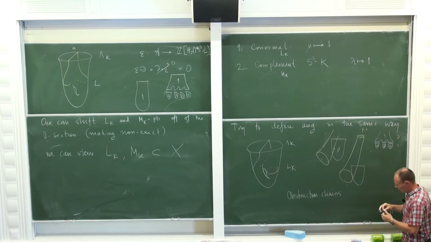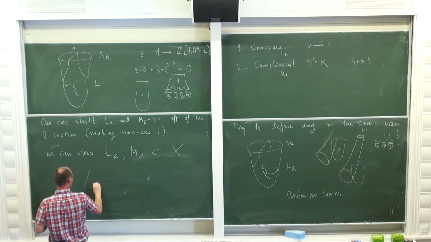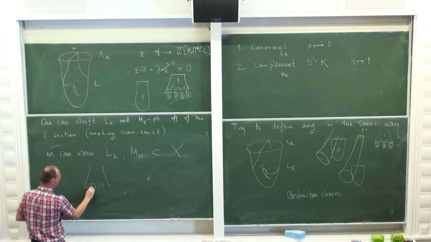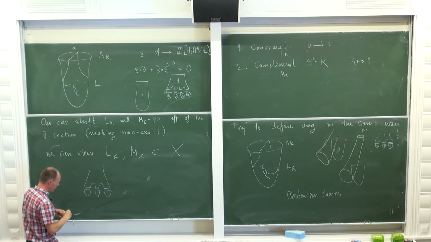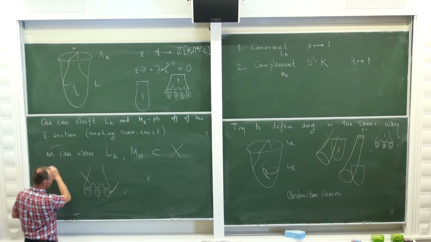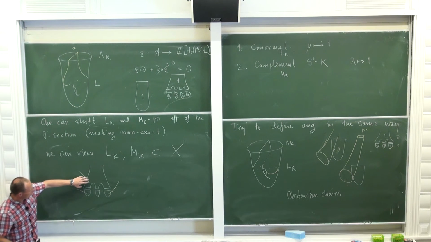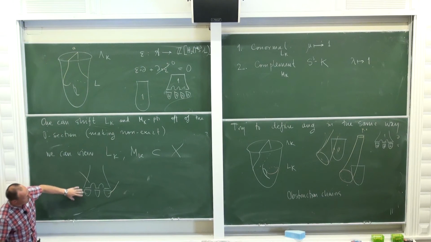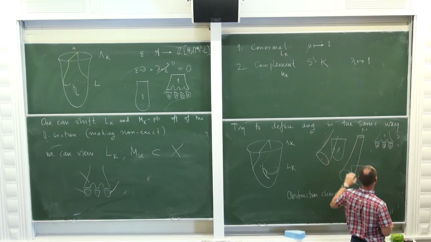Provided one thing happens. So let's take a look at what should happen. We have this curve, and this yellow piece, or whatever the color is, could hit here, or it could hit here. So in order for this to be a chain map, we define epsilon by counting such configurations.